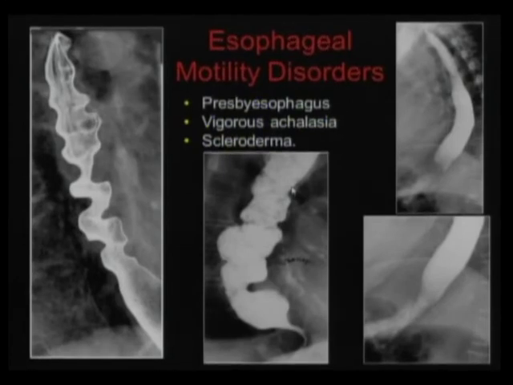When you see, additionally to tertiary contractions, an insufficient opening of the lower esophageal sphincter, it could be vigorous achalasia. But probably the most difficult differential diagnosis is scleroderma, because you have a hypomotility of the two lower thirds of the esophagus and an incontinence of the lower esophageal sphincter. It's very difficult to make the differential diagnosis, okay?